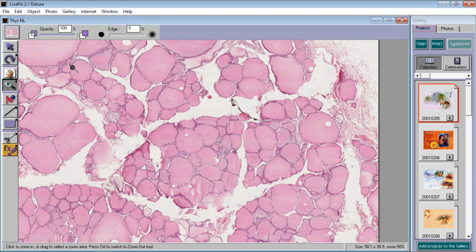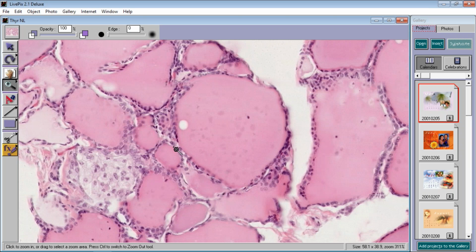And every now and then you might see a cell between the follicles, like here, which they might call interfollicular cells. So whereas these cells are lining the thyroglobulin follicle, the cells between the follicles are a little bit lighter, and they're called the interfollicular cells, or the C cells, or the light cells.